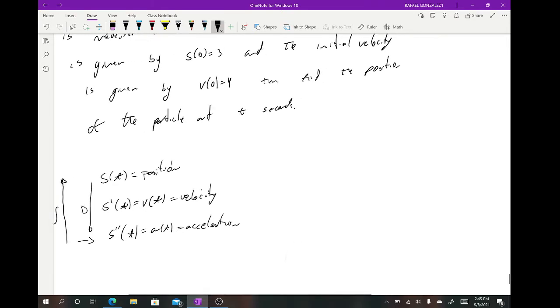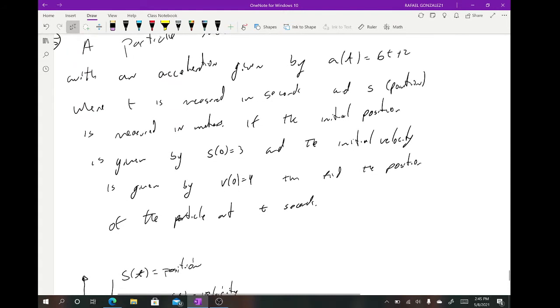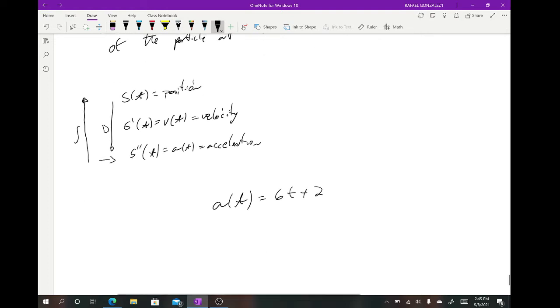Okay, so first things first. Let's talk a little bit about our acceleration function. Our acceleration function is a of t is equal to 6t plus 2. Remember, this is the second derivative, s double prime.